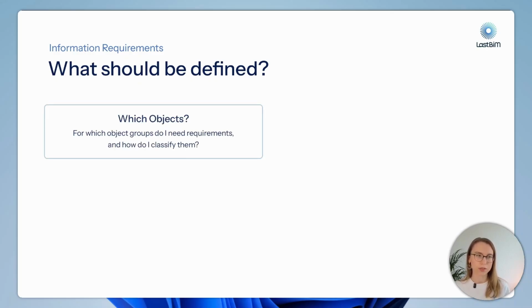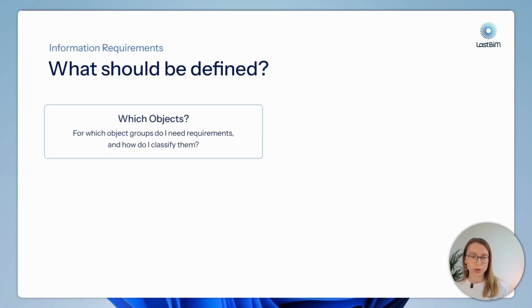The first one is the definition of the object groups that we need specific requirements for. So when I have requirements for a window, then I have one object group for the windows. When I have specific requirements for different kinds of walls, then I have different object groups for the different kinds of walls that I can then define the requirements for.